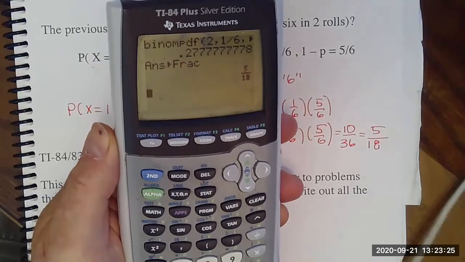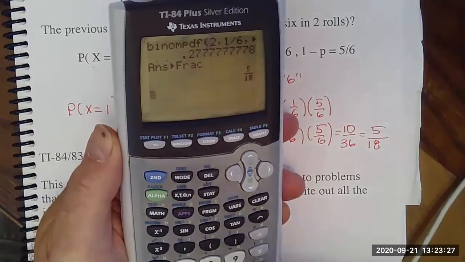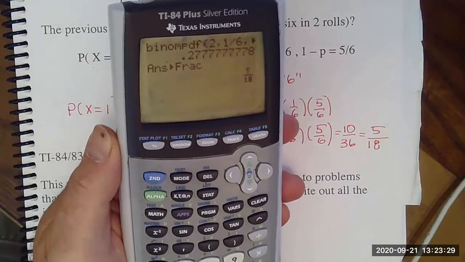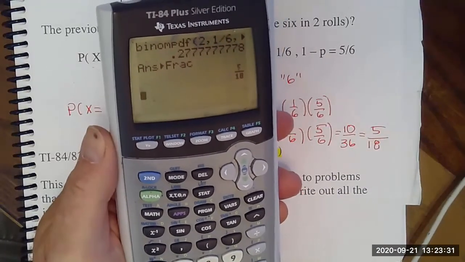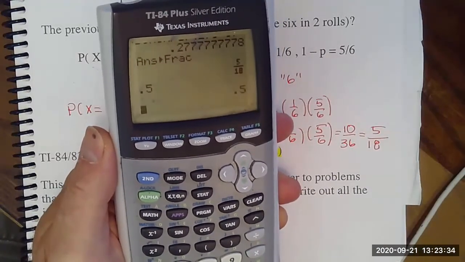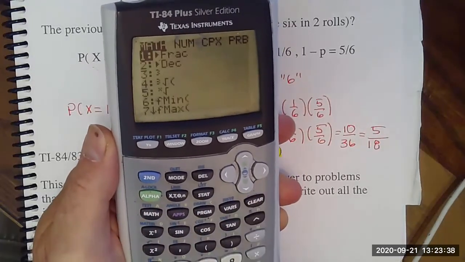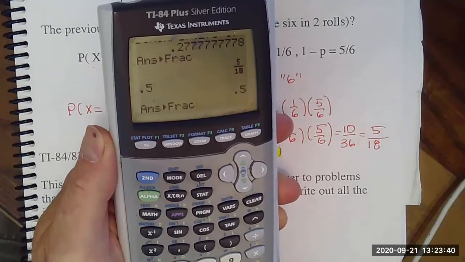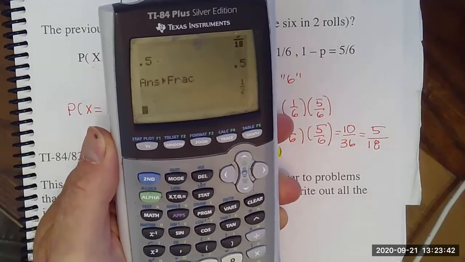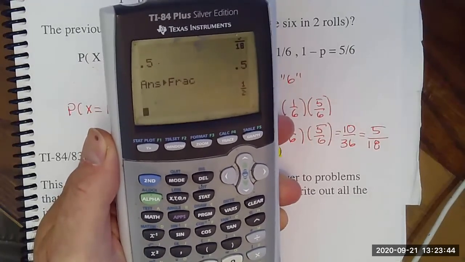If you erased it, it's not going to do it. But if your last statement was a decimal like 0.5, you know it's a half. If I go math, frac, the previous answer, which is a half, should give me 1 over 2.